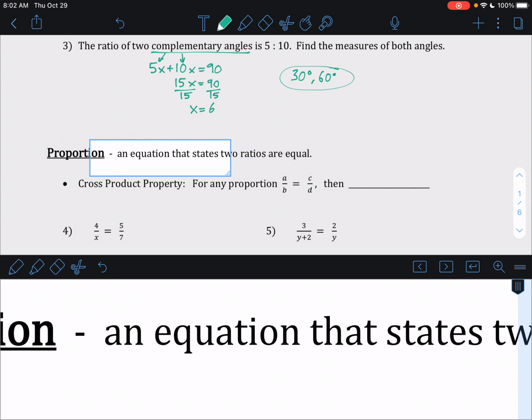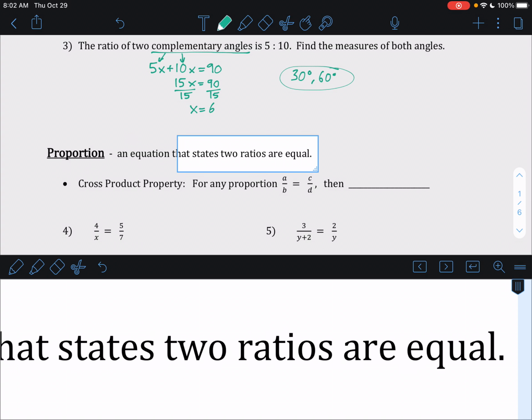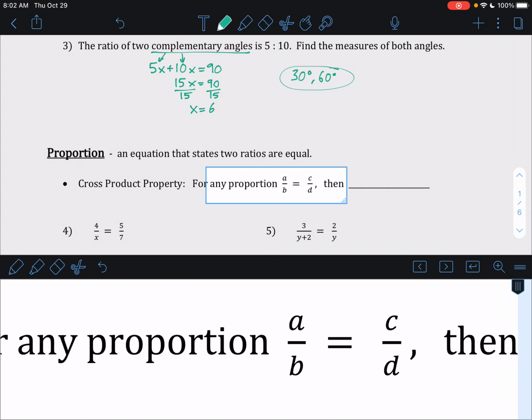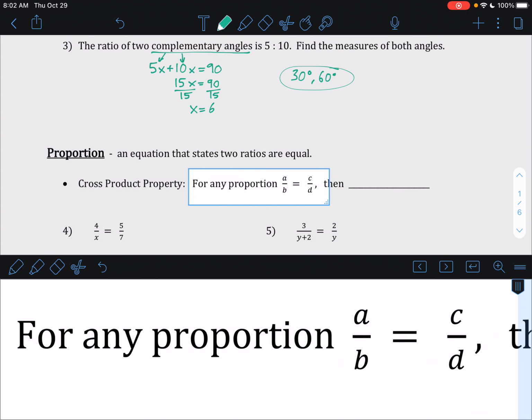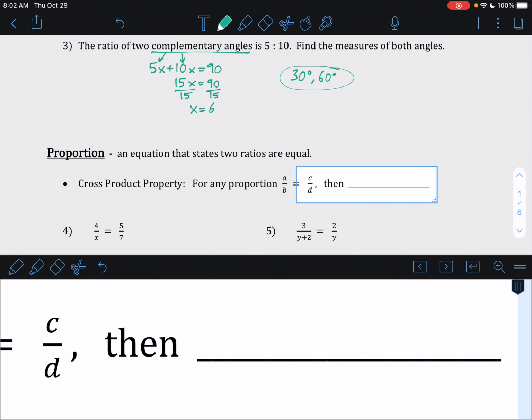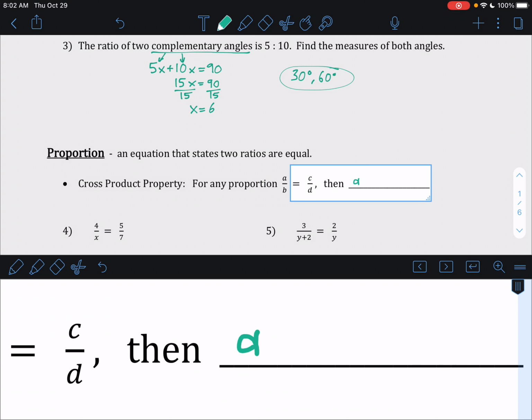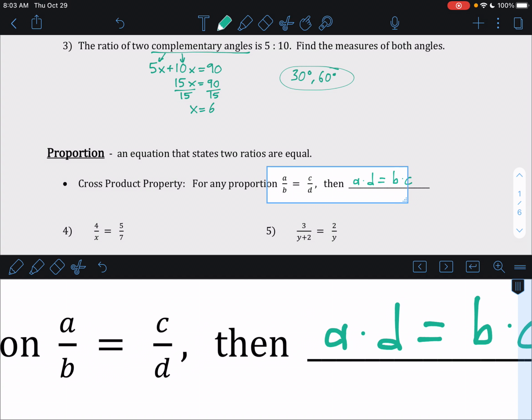A proportion is an equation that states two ratios are equal, or two fractions are equal. And we have our cross product property, which says for any proportion A over B equals C over D, then A times D equals B times C. And another way to think of that, which I'm sure a lot of you have used this term before, is the butterfly method.